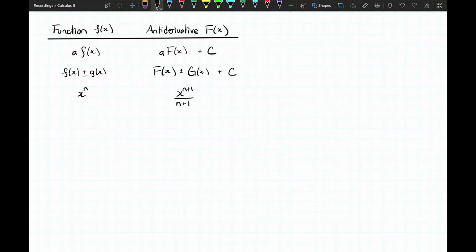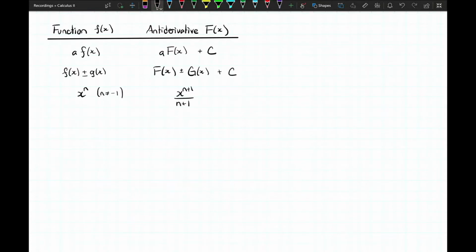Now, if we look at the derivative of x to the n plus 1 over n plus 1, we're going to see that this n plus 1 comes down in front and cancels with the n plus 1 in the denominator. And then we subtract 1 from the power, and we end up with x to the n. Now, this is only going to work for values of n not equal to negative 1.